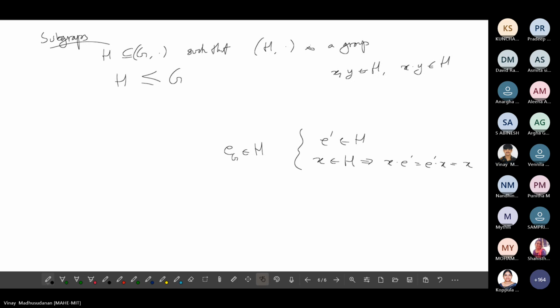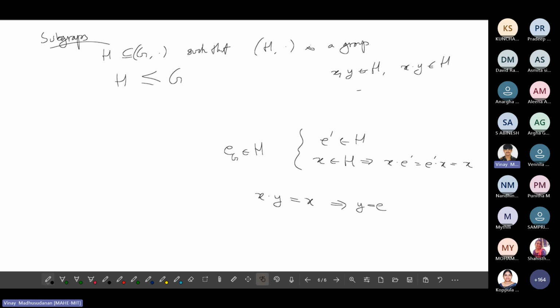But in a group, if you take an element X and X dot Y happens to be X, then by cancellation, again I didn't mention cancellation laws, you know them. By cancellation, you will get Y is equal to E. So this identity element of H cannot be some separate identity element, it has to be that of G only.